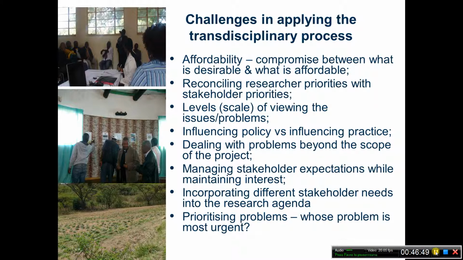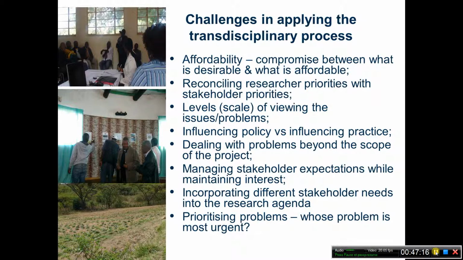By engaging at the local level, it is possible to influence practice. But sometimes influencing practice without influencing policy is not enough to bring about desired change, because decisions made at policy level ultimately influence what happens at local level. And in those issues there has to be some balance.